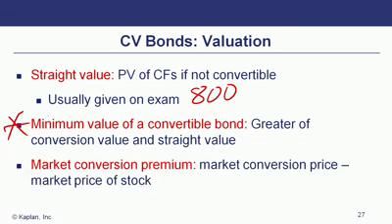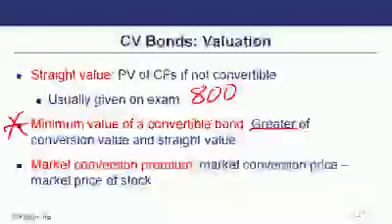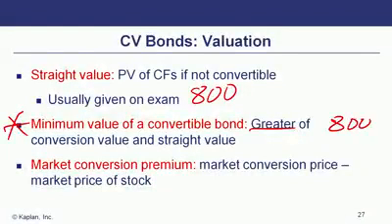The minimum value is going to be the greater of one of two things. It's going to be the value of the bond as a bond, which is 800, or the value of the stock. So the greater of the conversion value or the straight value. The minimum that the value of the convertible bond can be is the greater of these two things. So this is going to be the minimum value.